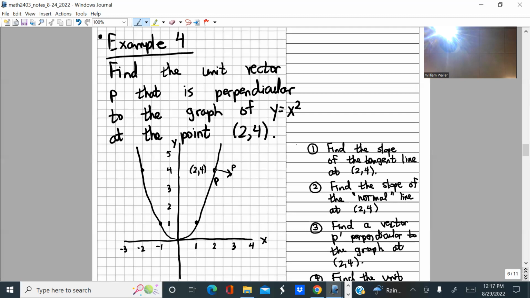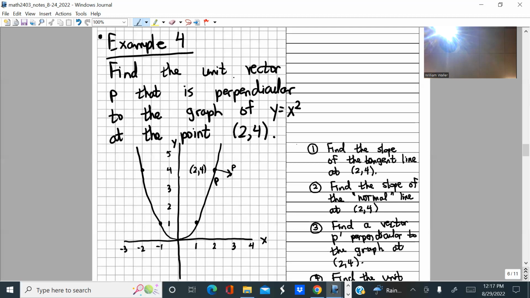Now, what we want to find is a unit vector that's perpendicular to this graph at this point. You can write the unit vector in standard form or in component form, once we find that unit vector.